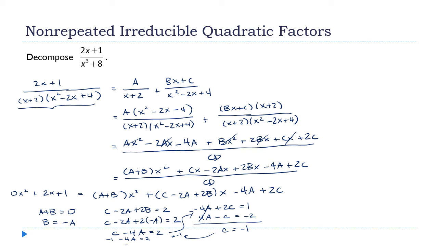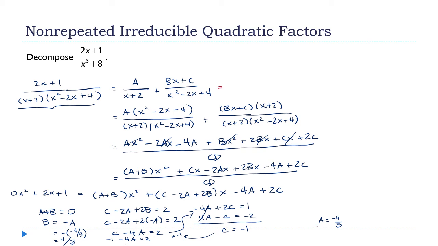It won't even let me. I'm too close to the bottom. A is minus 4/3. And if A is minus 4/3, then B is the opposite, which is plus 4/3. And that gives me my decomposed version.